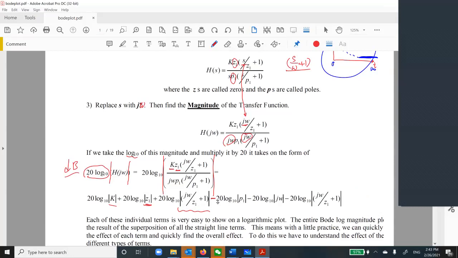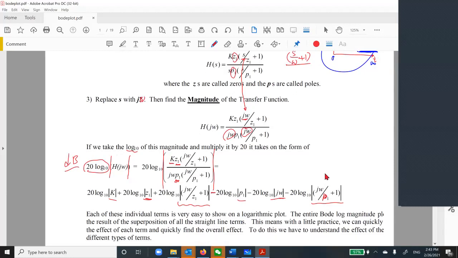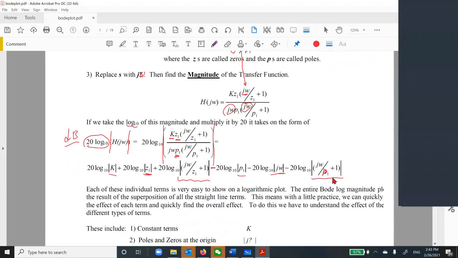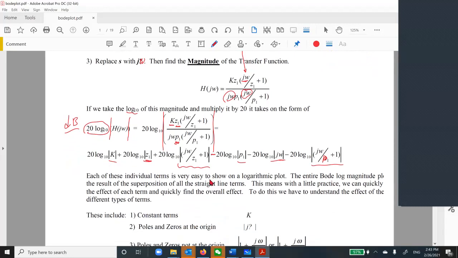So minus 20 log 10 of p1, j omega, this pole. Typo, okay. So we can turn the multiplication and division into algebraic addition and subtraction, so each individual term can be shown in a logarithmic plot.